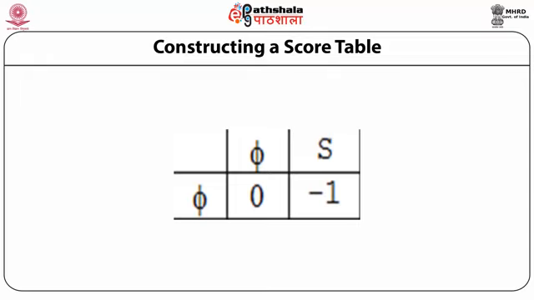Since aligning a gap with a residue has a score of -1, in this alignment we add -1 to the score written in the left cell. The score in the left cell is 0, therefore -1 is added to 0, which gives a sum total of -1. Therefore -1 is written in the second row, third column.